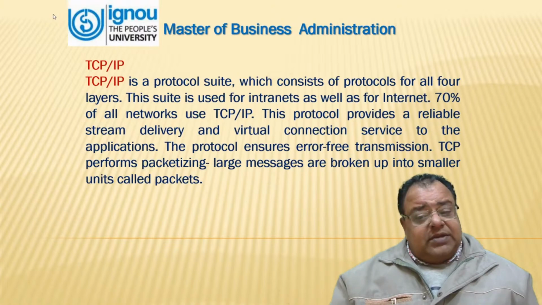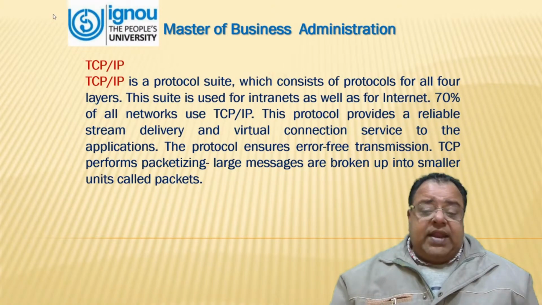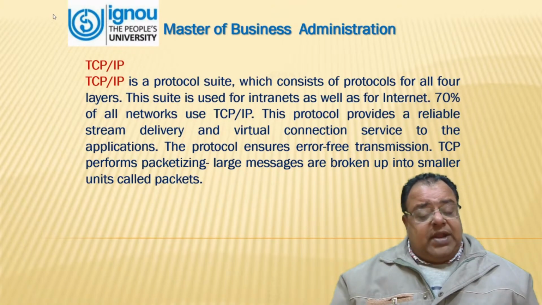This protocol provides a reliable stream delivery and virtual connection services to the application. The protocol ensures error-free transmission. TCP performs packetizing. Large messages are broken up into smaller units called packets.